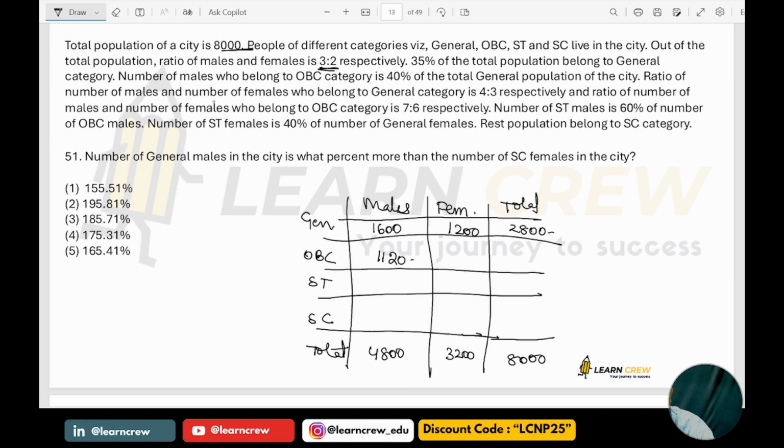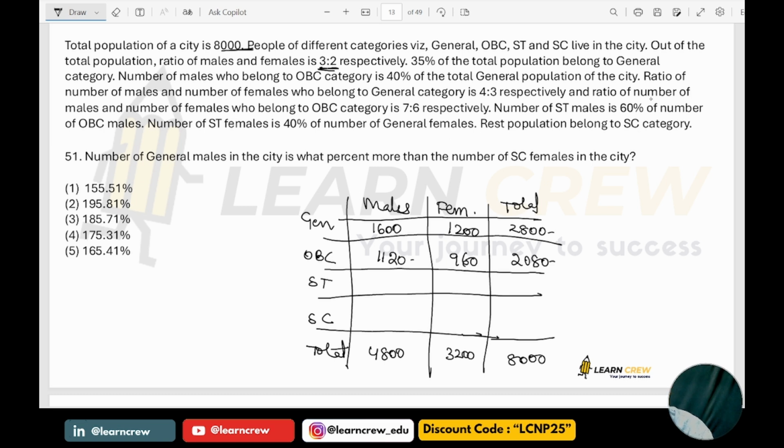The ratio of males to females in the OBC category is 7:6. 7 parts is 1120, thereby 6 parts would be 960. 1120 plus 960 is 2080.